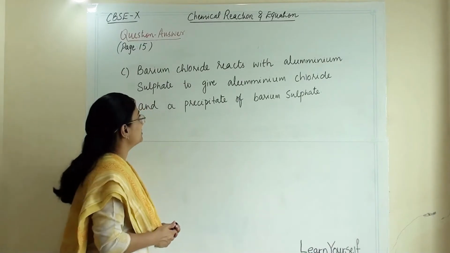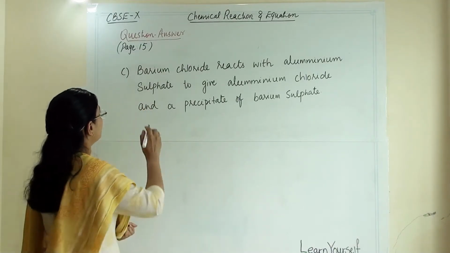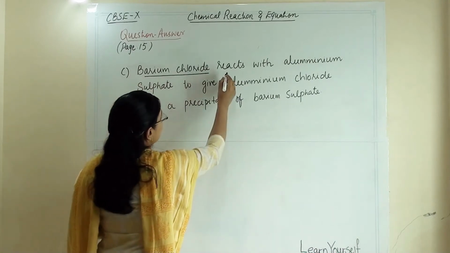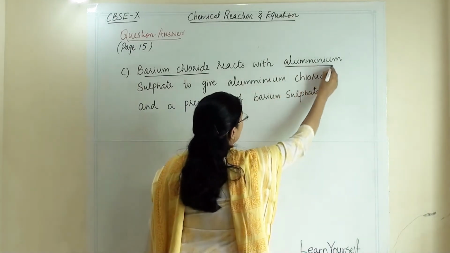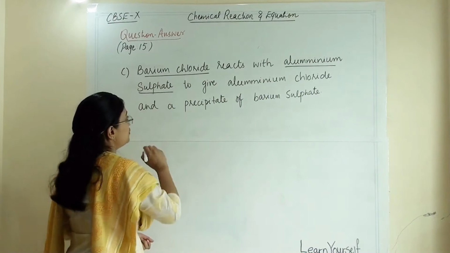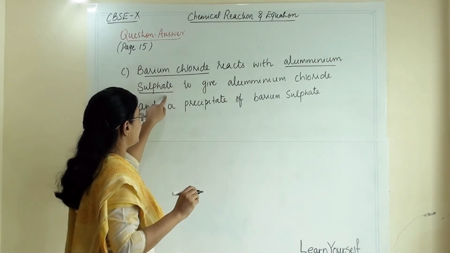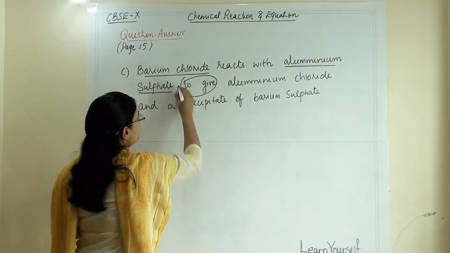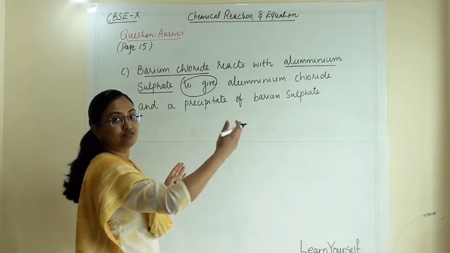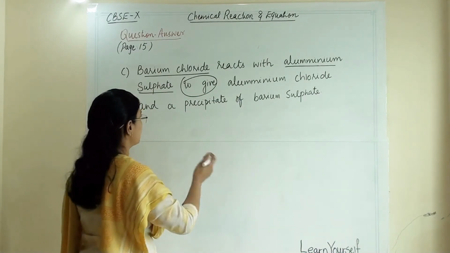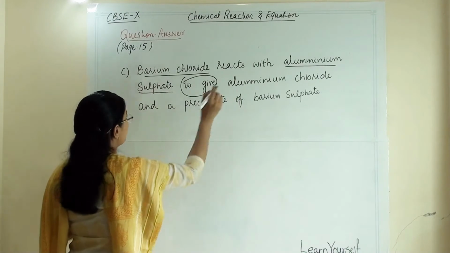Next equation. In this we have that barium chloride reacts with aluminium sulfate. So these two are reacting, and whatever will come will be our products. So let us first write this and this.